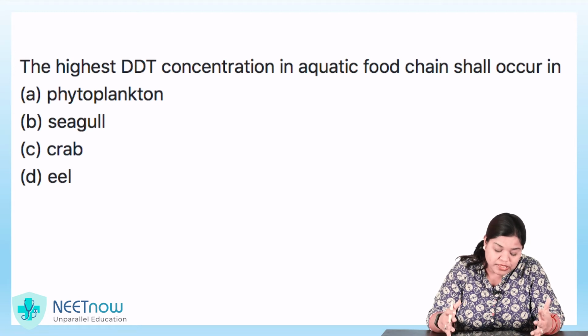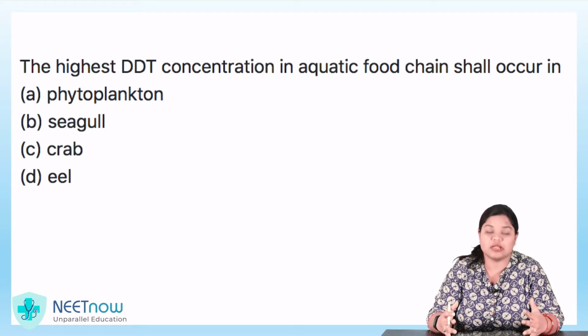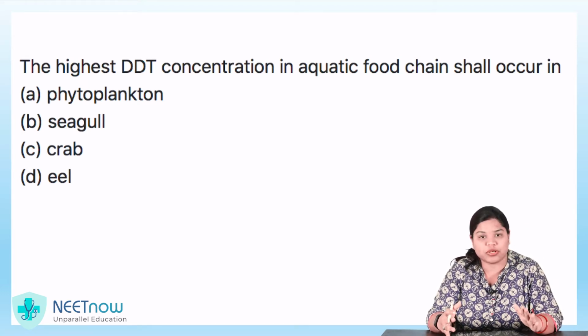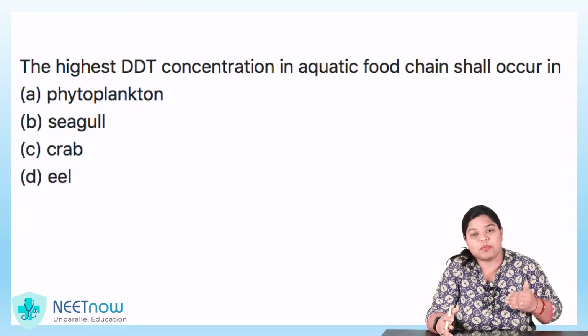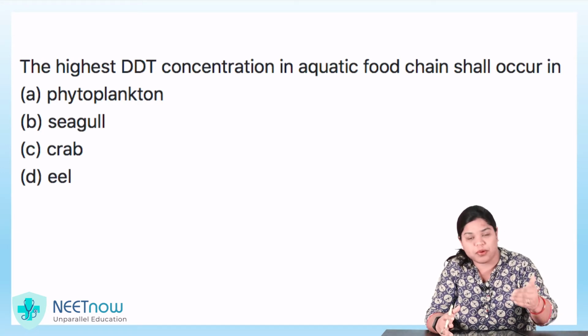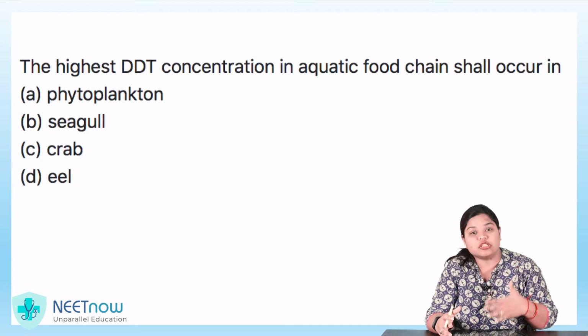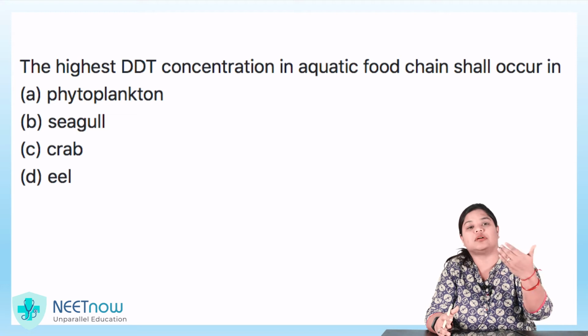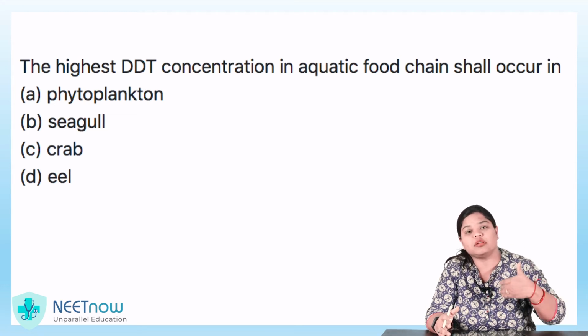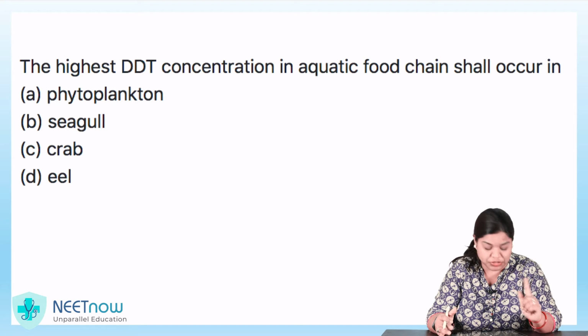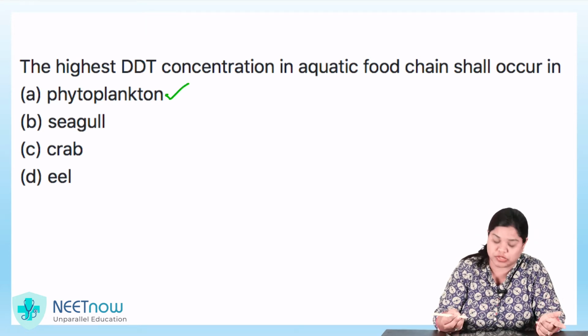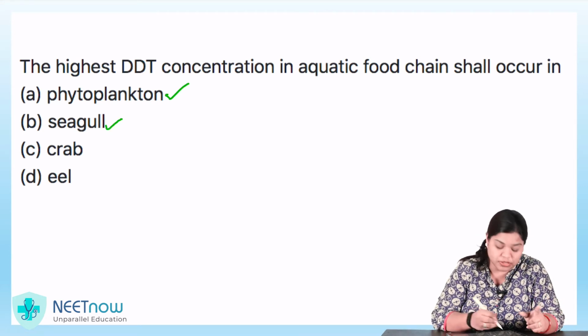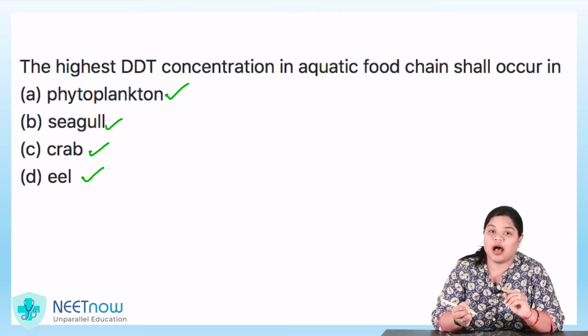The highest DDT concentration in an aquatic food chain shall occur in. Where will the highest DDT concentration take place in an aquatic food chain? When we move from the lower to the higher trophic level, the concentration of DDT rises. From producer to primary consumer, tertiary consumer, and so on, the level of DDT keeps increasing. Phytoplankton is a producer. Seagull is a bird. Crab and eel. How will it happen?